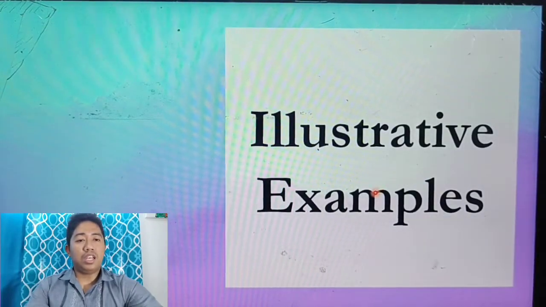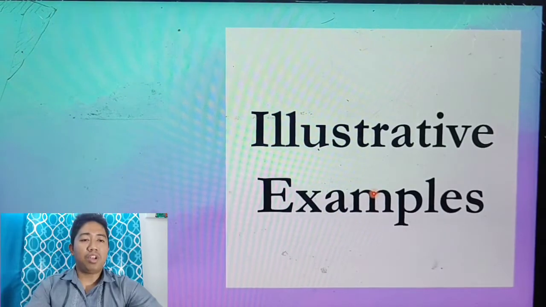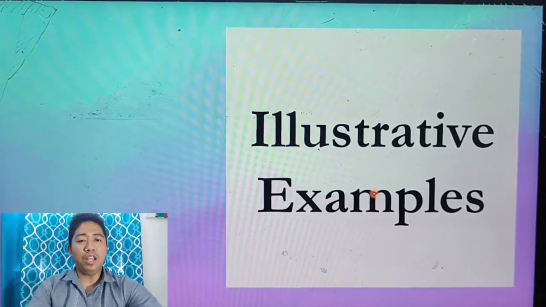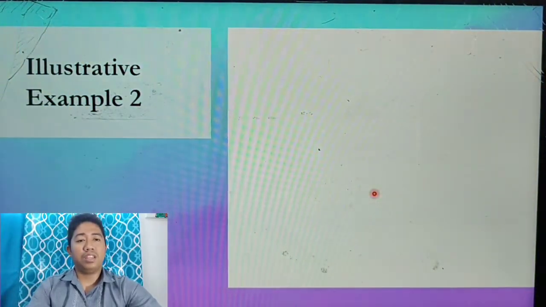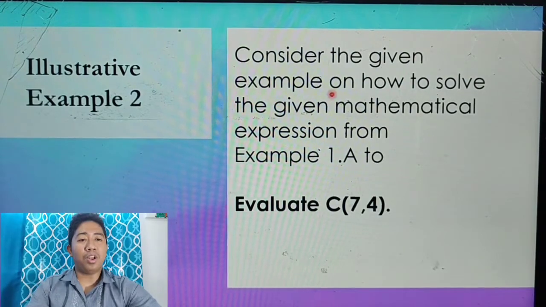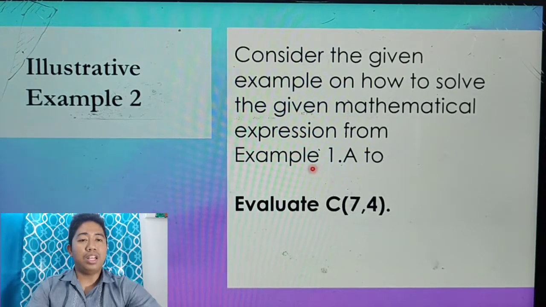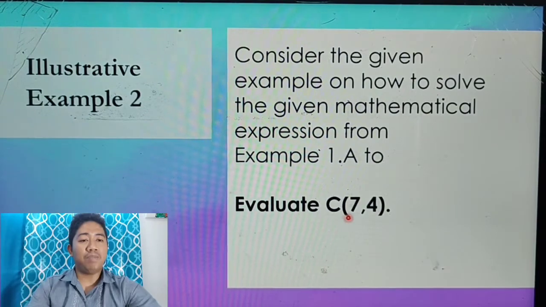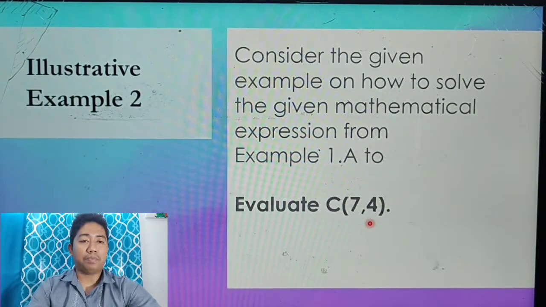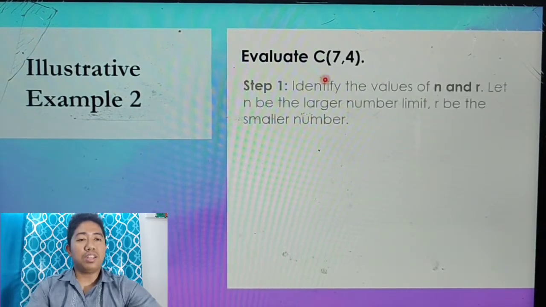So let us also introduce some illustrative examples on how we'll be able to evaluate combinations using the shortcut method. So I will introduce to you some of our steps to solve this. Consider the given example from the previous example, number 1, letter A. So to evaluate the given combination of 7 taken 4 at a time, this is the first step to do.